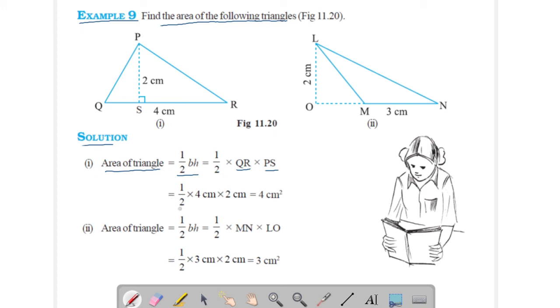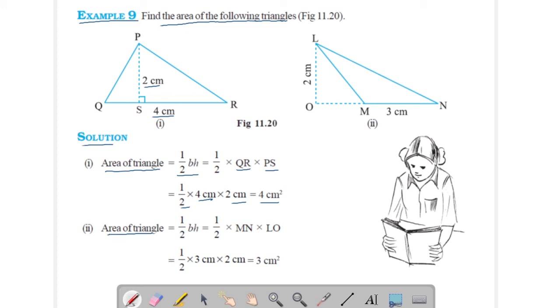We will get half into QR, which is 4 centimeter, and PS, which is 2 centimeter. So half into 4 centimeter into 2 centimeter. Simplify it. You will get 4 centimeter square. This is your answer.